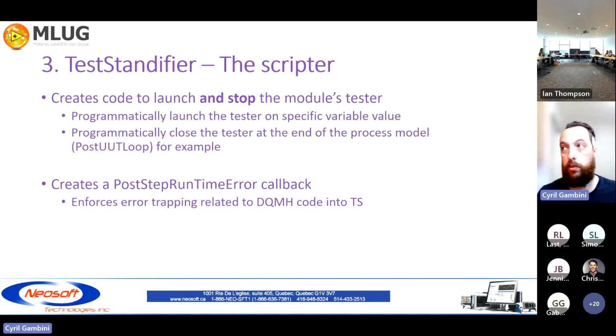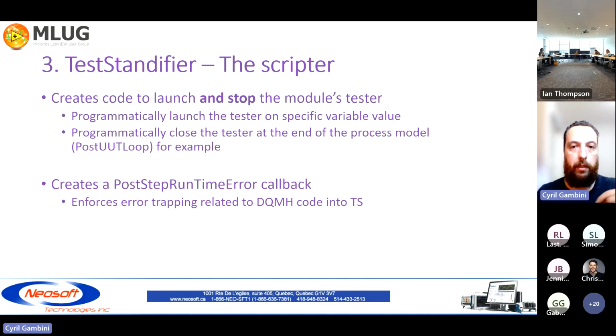And the only way to stop a tester in DQMH is to click on the red cross of your tester window. That's not a nice way to do it. There is no API to do this. So the TestStandifier modifies things, and we added a stop action, so you can actually also close the tester from your execution.